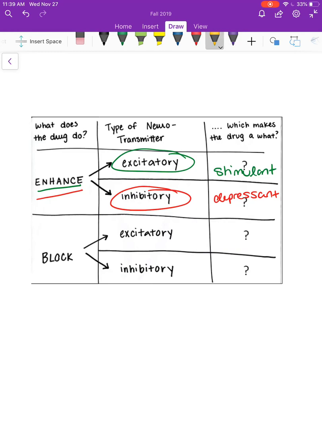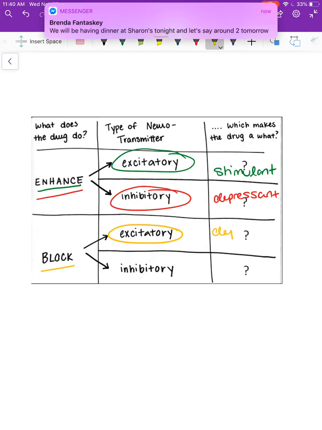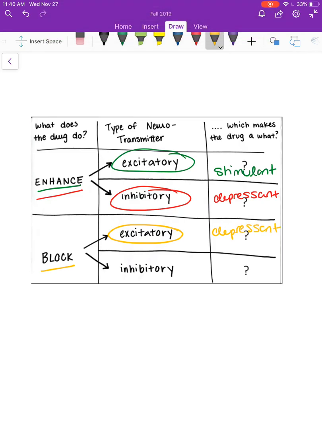If you have an excitatory neurotransmitter and the drug is blocking it, you're going to get a depressant. And then if you look at an inhibitory neurotransmitter where the drug is blocking it, you're going to get a stimulant.